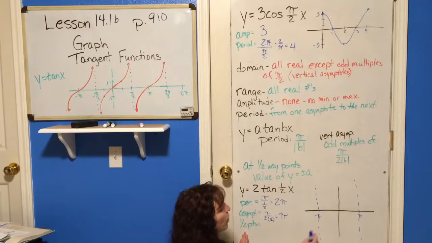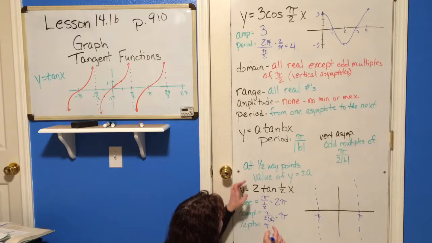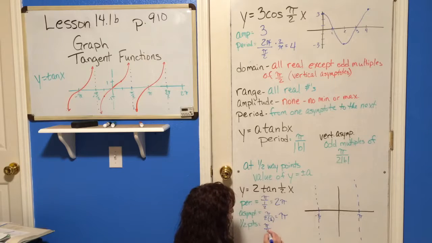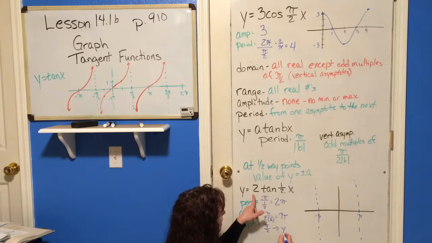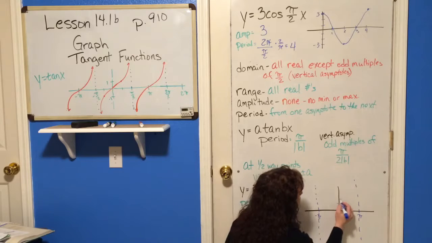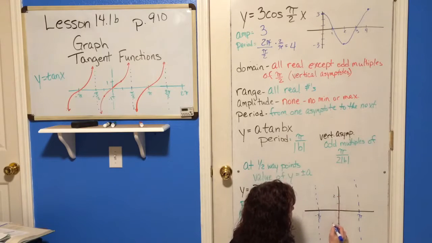And the halfway points between pi and 0 are pi over 2. And then the y values are going to be plus or minus 2. So we've got 1, 2, 1, 2. All right, so there's plus 2, and this is minus 2.